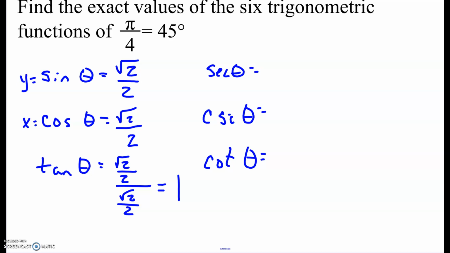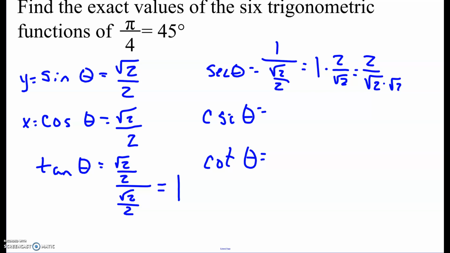Secant is 1 over x, so 1 divided by the square root of 2 over 2, which would be the same as 1 times the reciprocal, which is 2 over the square root of 2. Again, we don't want square roots in our denominator, so we multiply by the square root of 2. And then we can cancel a factor of 2 in the numerator and the denominator.